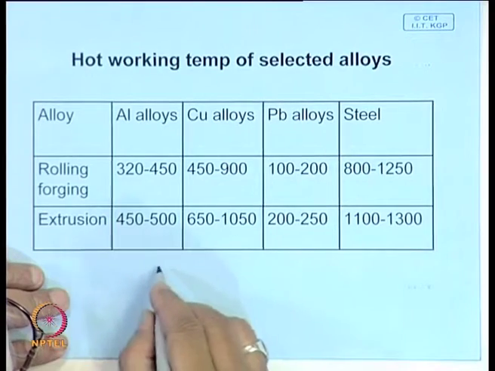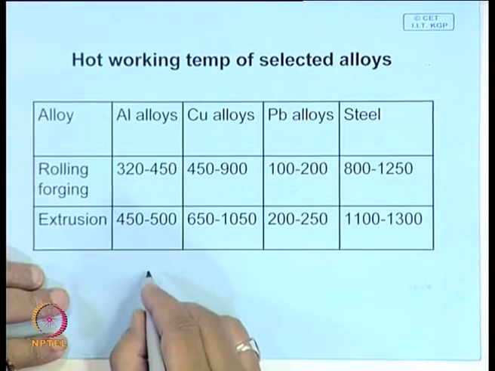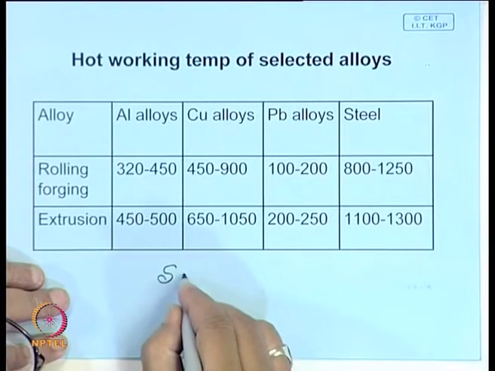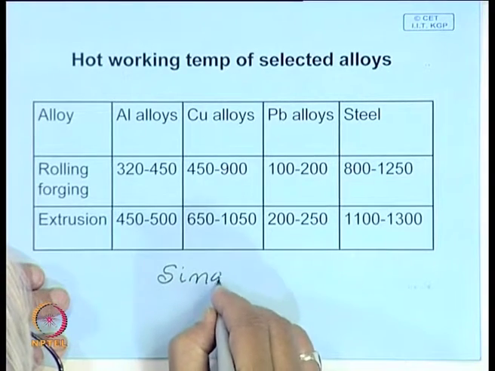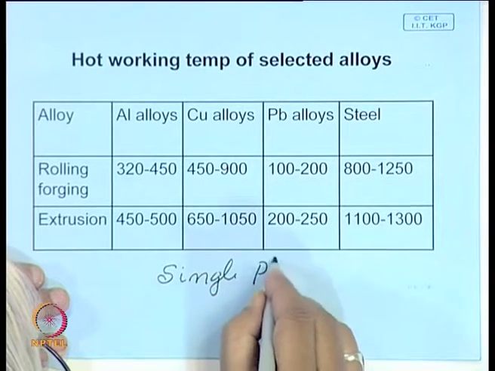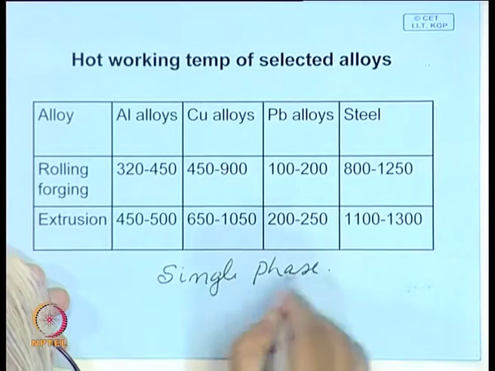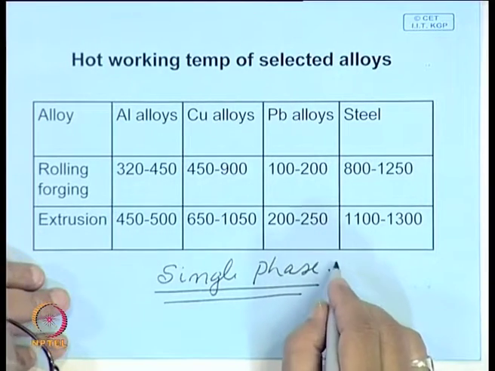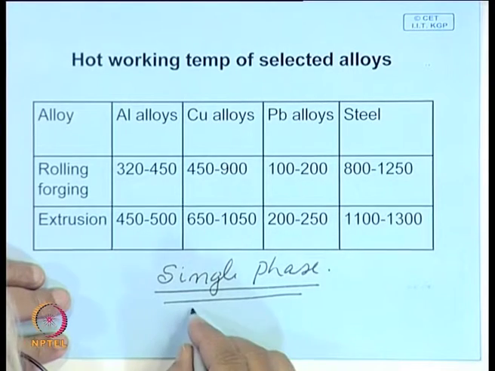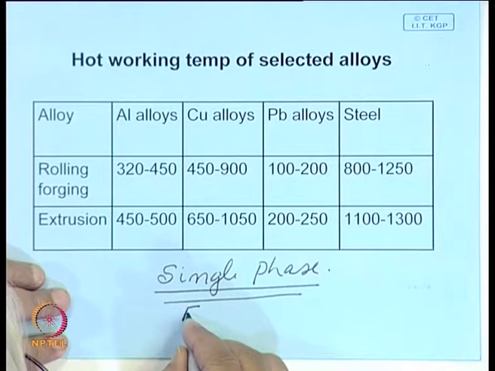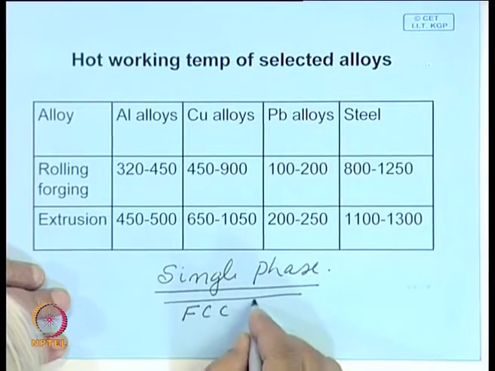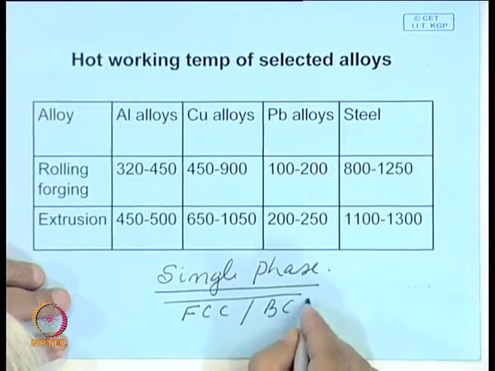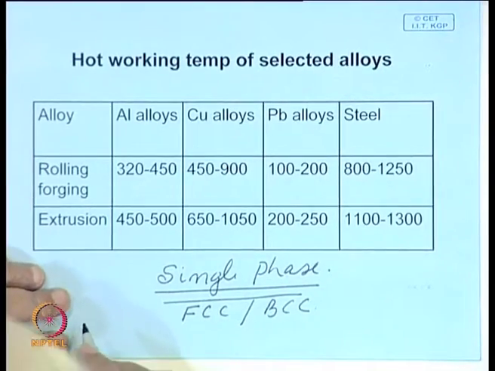It is easier to give higher deformation if the material is single phase. A single phase material is more ductile. Secondly, this phase must have a favorable crystal structure, like face centered cubic or BCC, which are easy to deform.